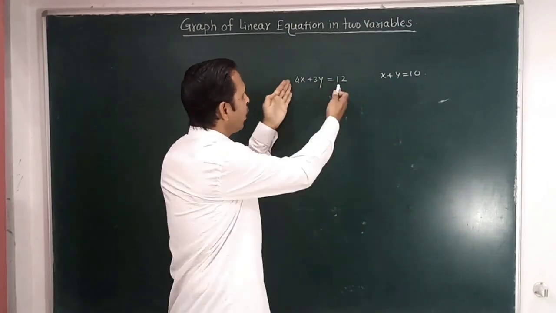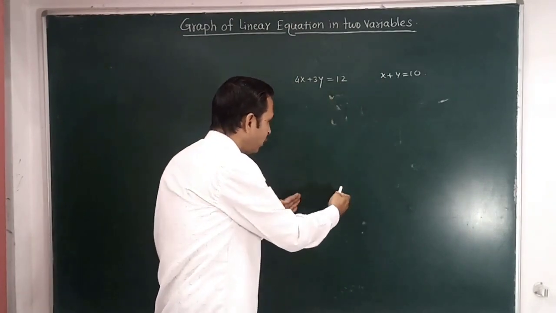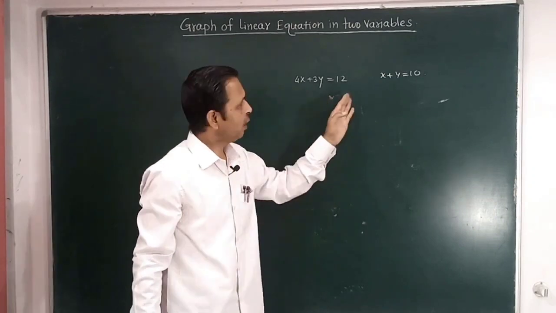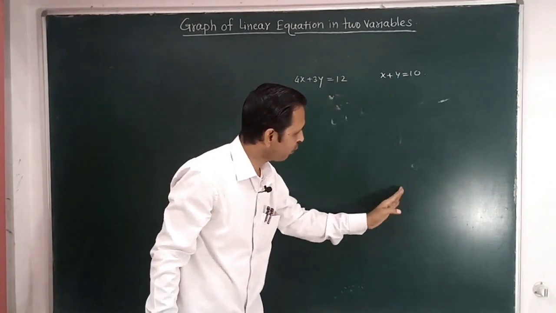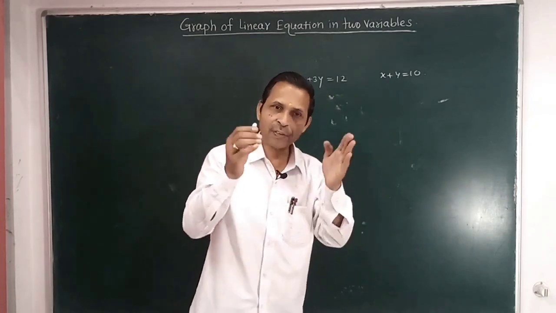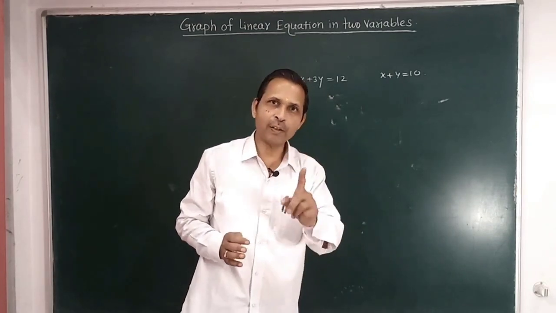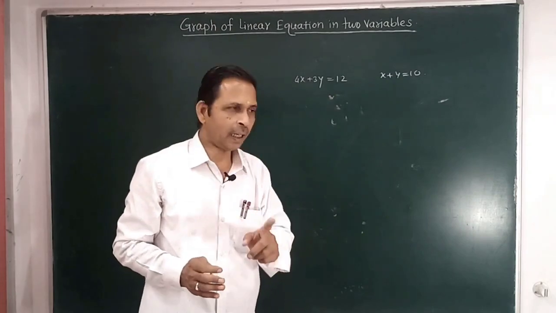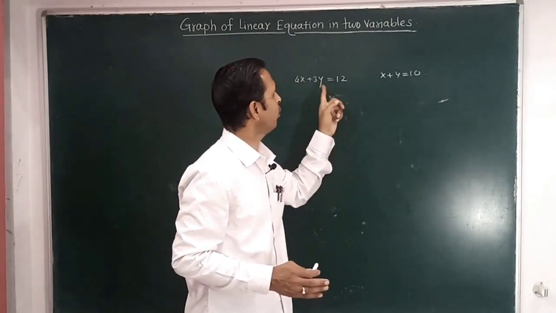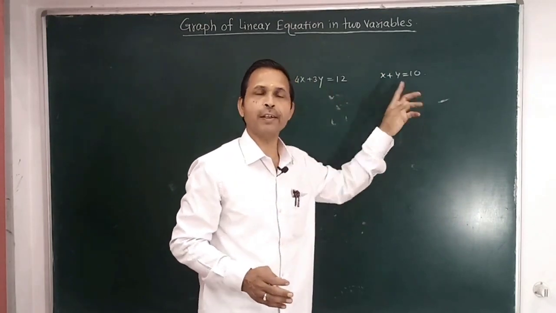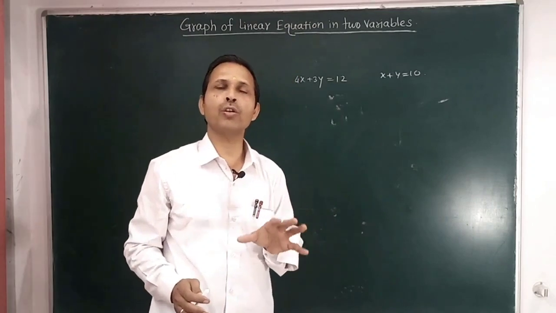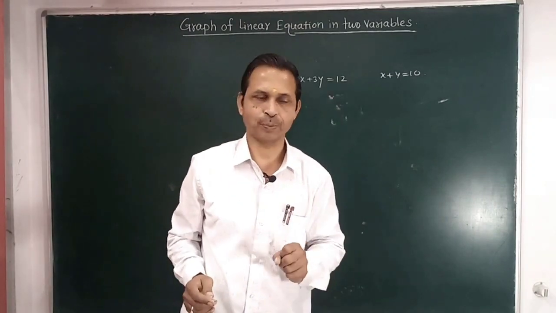If we write the infinite pairs of values of x and y for this equation and also for that equation, out of these infinite values one pair is the same, which satisfies both the first and the second equation. Such a pair is called the solution of the simultaneous equations.